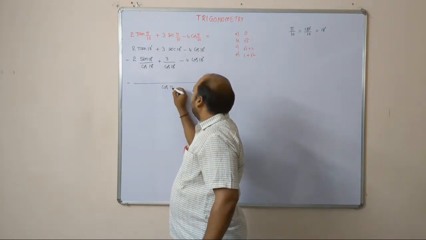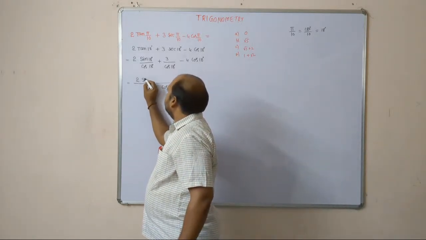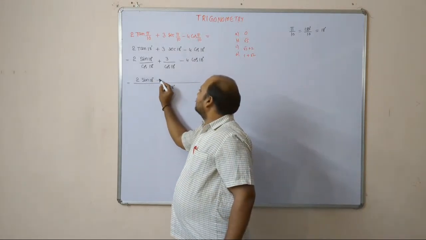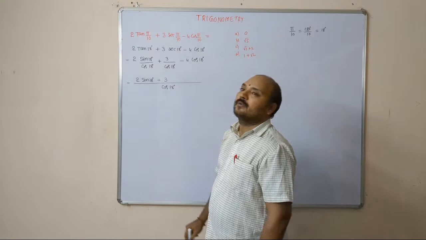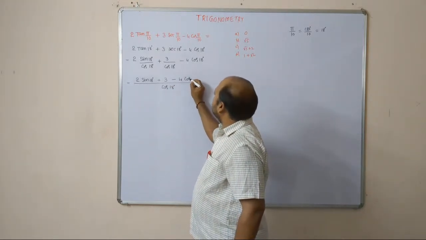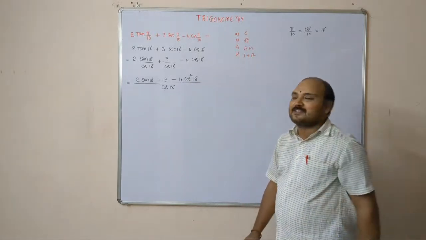Cos 18 degrees is the LCM. So 2 sine 18 plus 3 minus 4 cos square 18 degrees, all over cos 18. From here on, the next step, dear students.